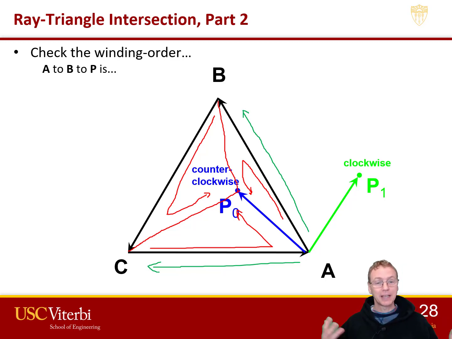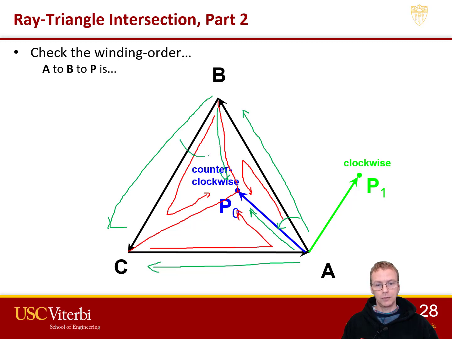So I will simply calculate those 3 mini normals. I already have the normal of the big triangle. Let's calculate the normals of the little triangles. How will I do that? This first one, I will take AB cross AP0. I will cross those. And then I will take BC crossed BP0.